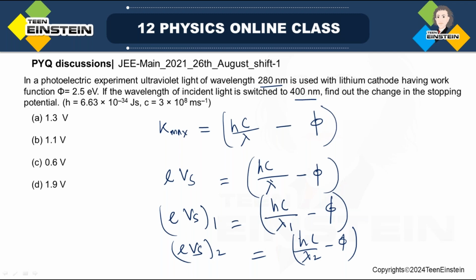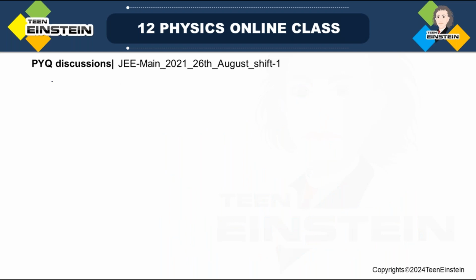Now look what we can do. We can actually take the differences. Okay, difference. Say this is equation number 1 and this is equation number 2. I can just take differences.